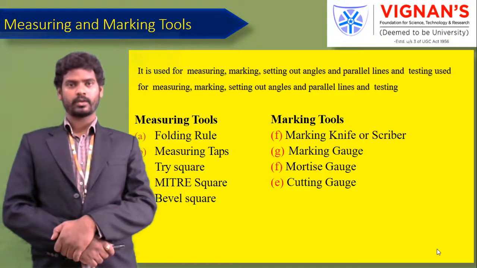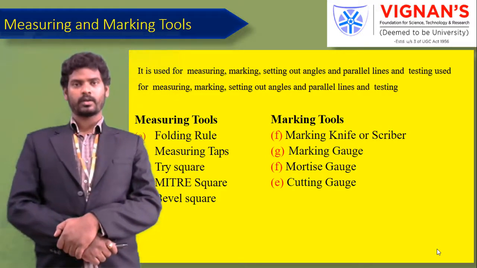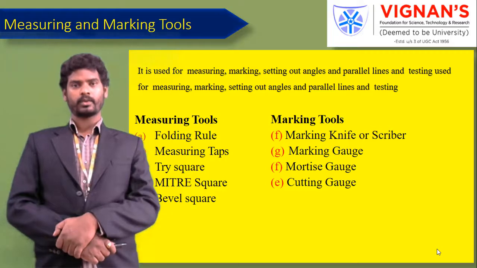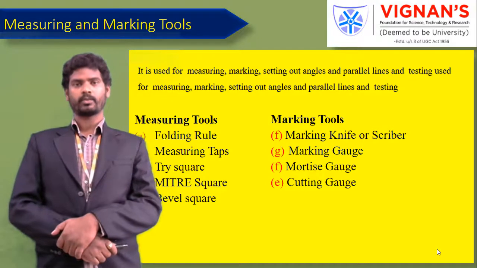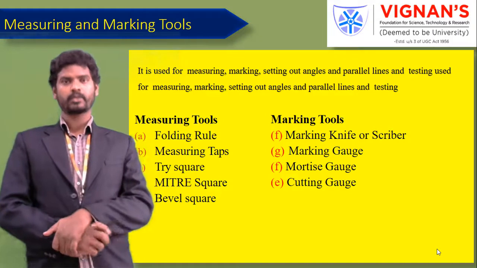For easy identification, we use marking tools for highlighting that amount of material. By using these marking tools, we highlight the part to be removed, then we can easily cut that part and remove it from the base material. That is the main difference between the measuring and marking tools.